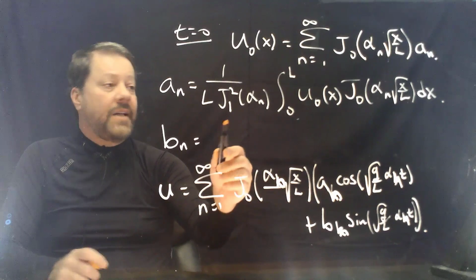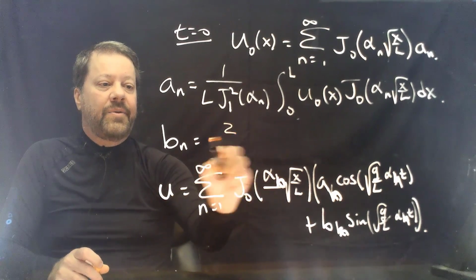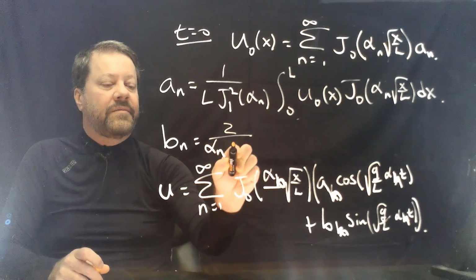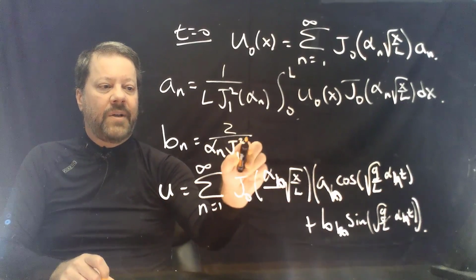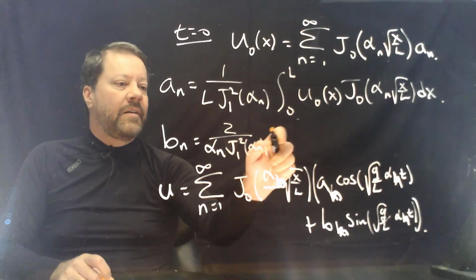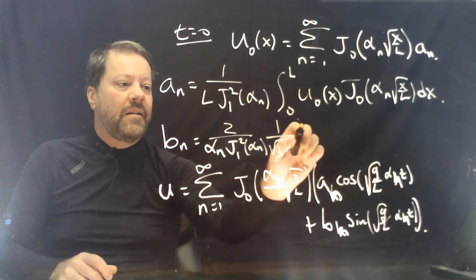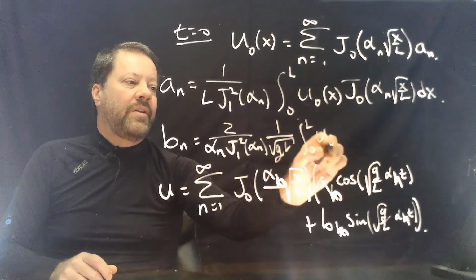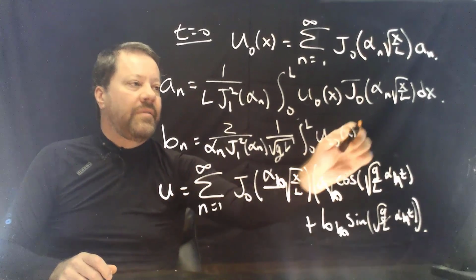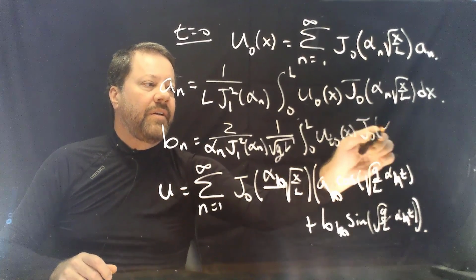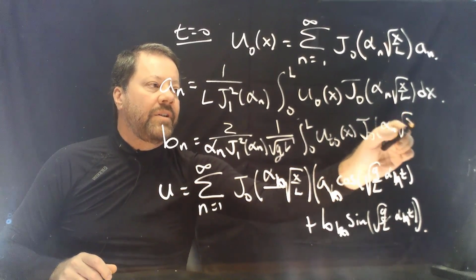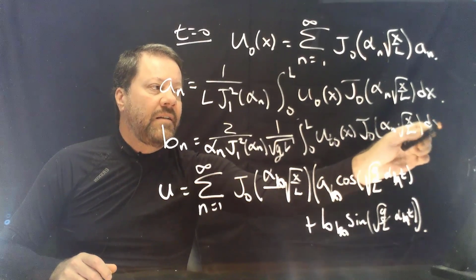And I'll just tell you that these can be simplified as 2 over alpha n J1 squared of alpha n times, you'll have 1 over the root of gL, integral from 0 to L, ut 0 of x, J0 alpha n root x over L dx.